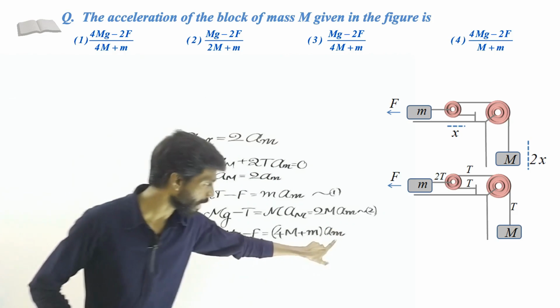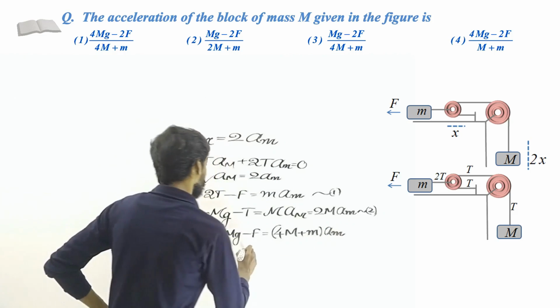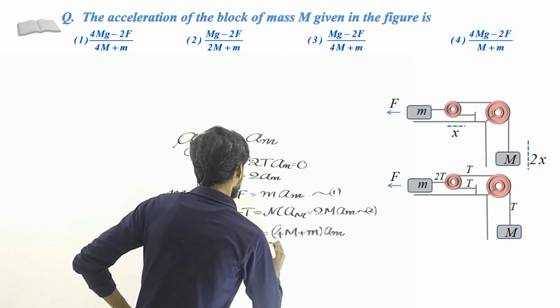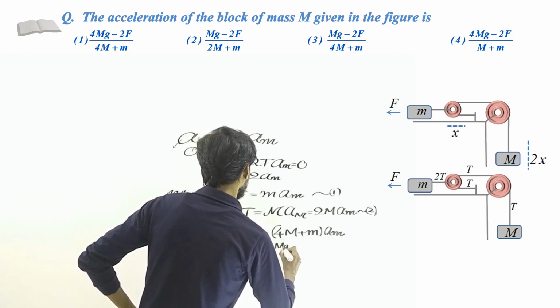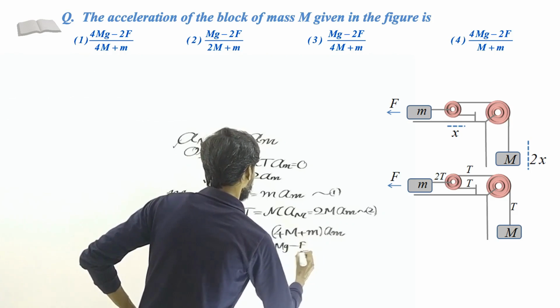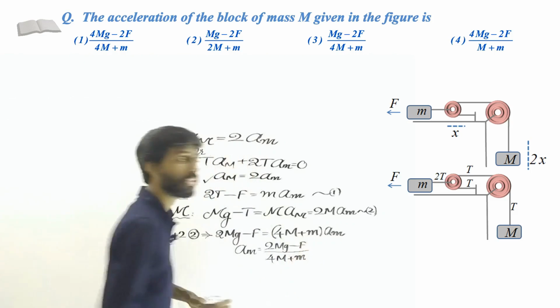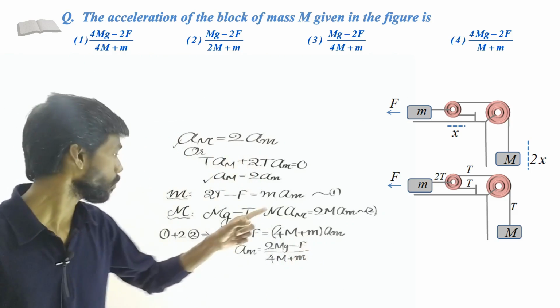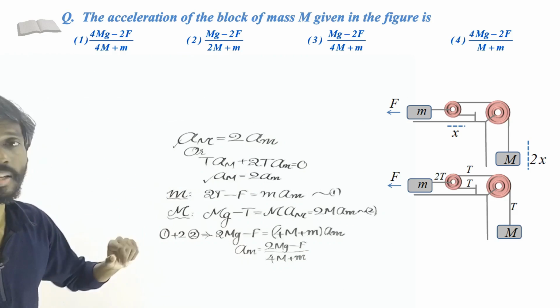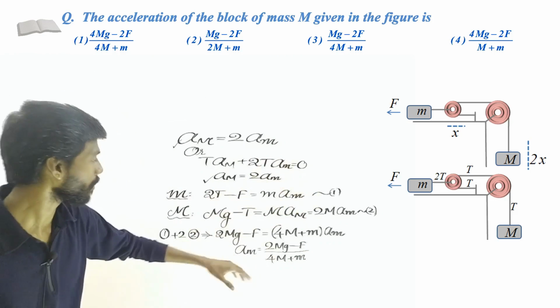So this will give you our required acceleration am. That is (2mg minus F) divided by (4m plus m). This is the acceleration of the block of mass small m. But we need the acceleration of the other block, of mass capital M. That is twice of this.